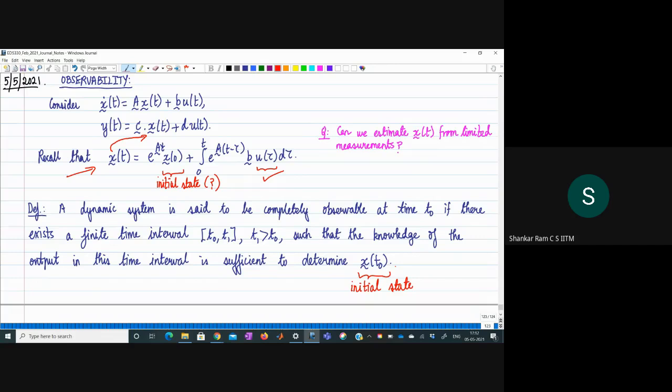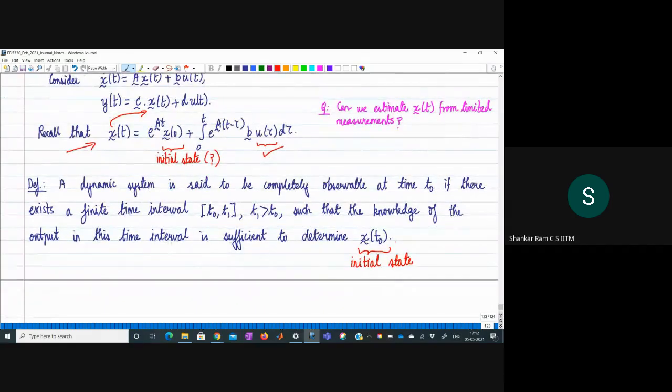So if I know the initial state, then we are all set, because we have the knowledge of the state vector at every instant, and consequently we are able to completely understand what is happening to the system from limited measures. That is the idea.